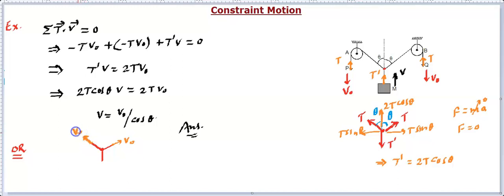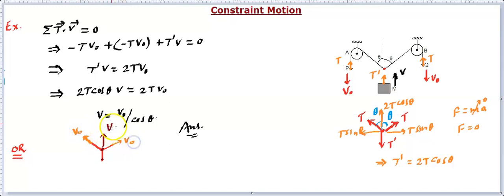So if you are thinking in this manner, that we can do the components of v naught just like we did for T, and we can find the total velocity in this direction, so that will be the answer. That will be the wrong approach. The reason being, this velocity of this point, which is going to be in the upward direction, is the final velocity. So this v is the final velocity, and this will have its components. This will act as a component of this velocity.